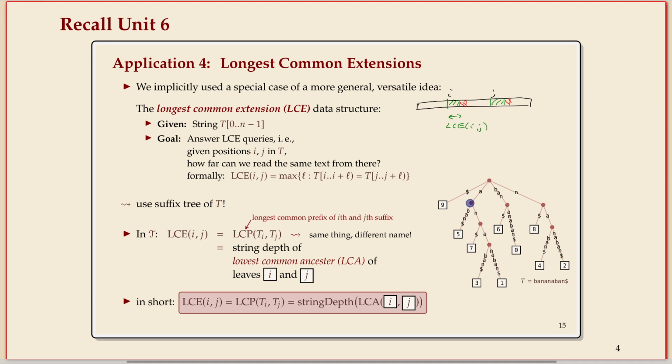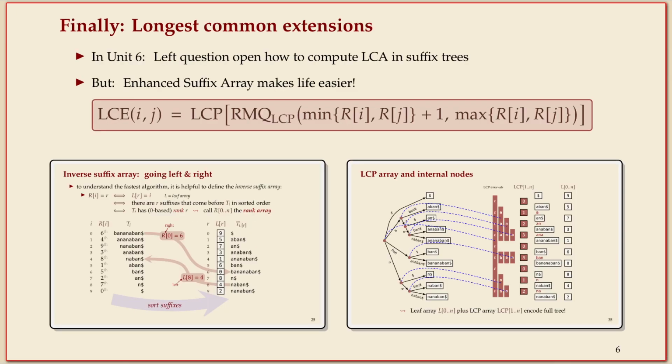But we also observed at the time already that this is really just the longest common prefix of 2 suffixes. So that was just, by definition, a different name for these things. Later in Unit 6, we talked about suffix arrays and about the LCP array, the longest common prefix array, which is very, very close to this, except that the longest common prefix array wasn't defined for all pairs of suffixes.